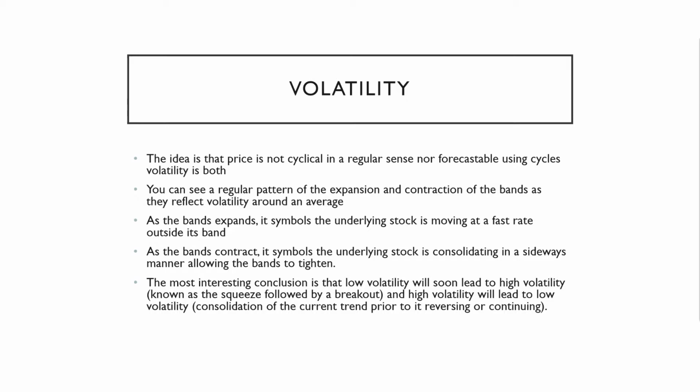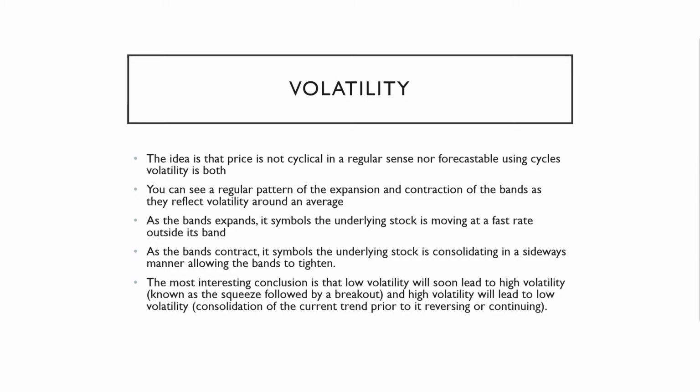That helps us see the cycle, and it's forecastable, because if we're already looking at a stock with high volatility, then we know what comes next is low volatility, because that price action has to consolidate sooner or later. A stock can't just continuously move at a fast rate in an uptrend non-stop for years.